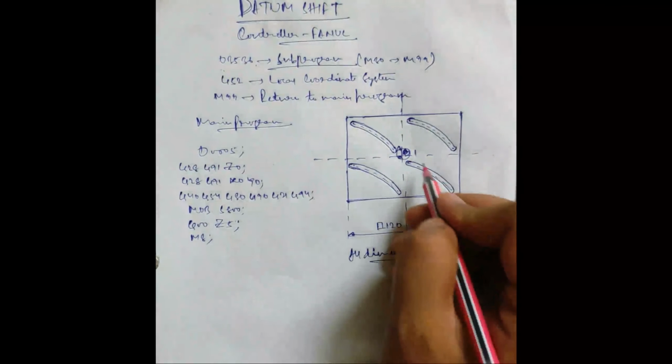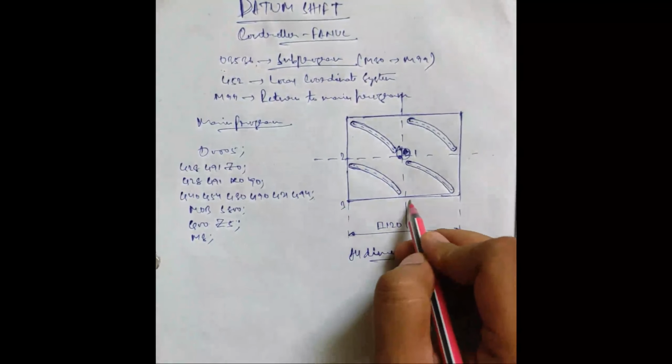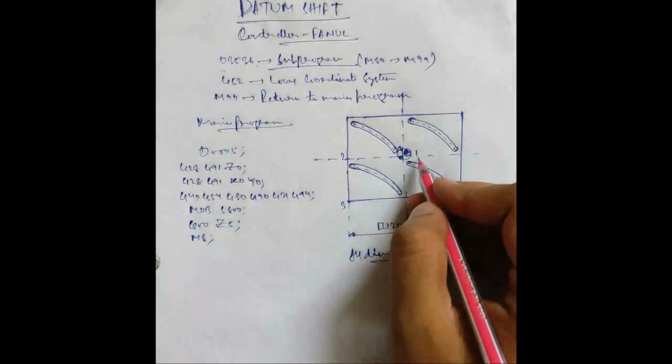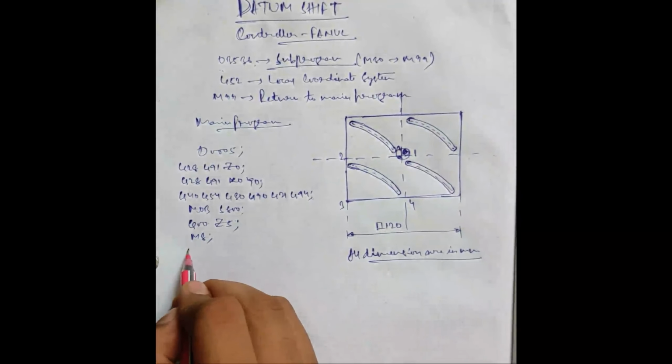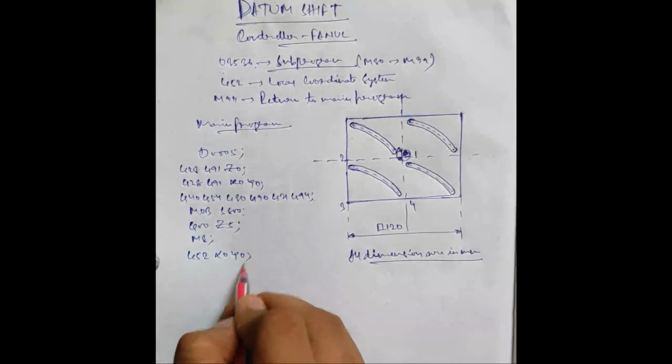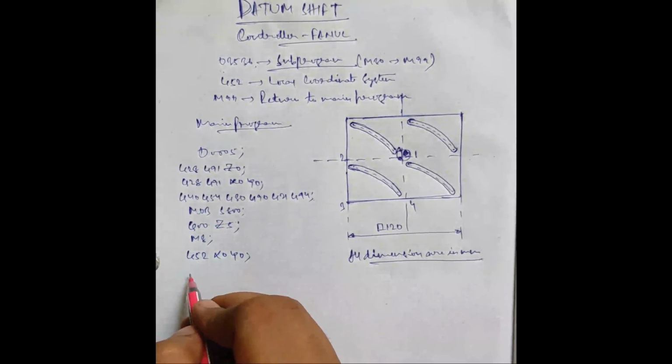Let's say this is point number 1, this is 2, this is 3, this is 4. So the coordinate for point number 1 is X0 Y0. Clear? So write G52 X0 Y0. G52 is your local coordinate system.